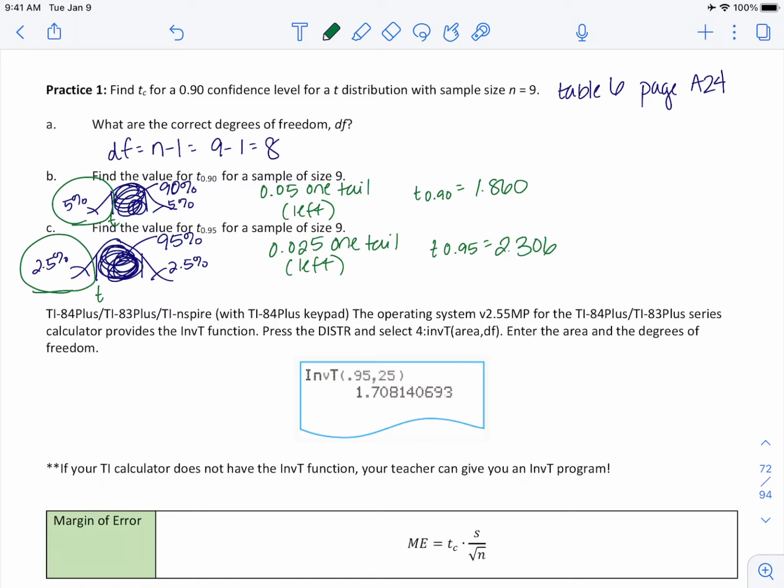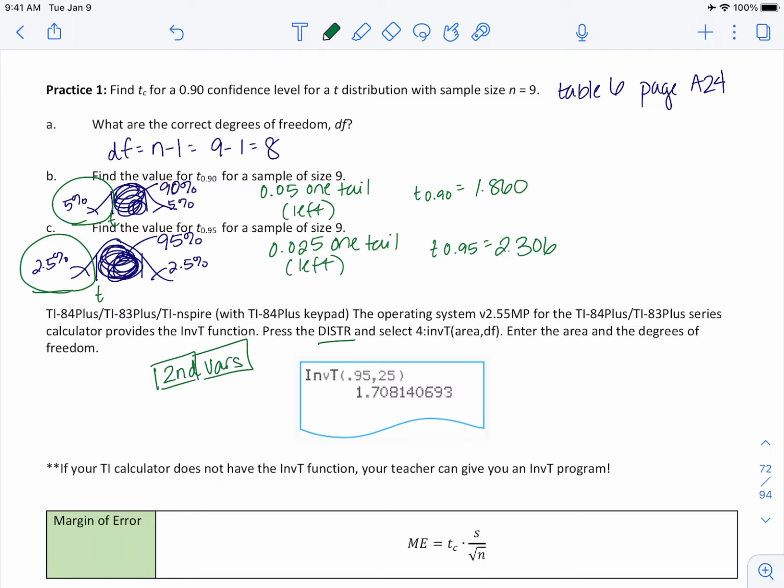Now we can also do this in the calculator. So when we're looking at our calculator, we're going to go to our same menu, that distribution menu. Remember, you hit second, and then variables.